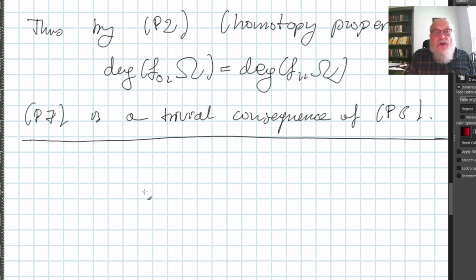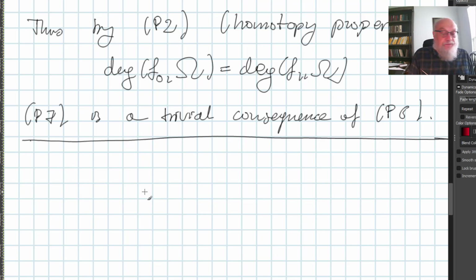And once you learn the axioms, you don't need to know any topology, any homotopy theory, in order to have an understanding of what the degree is.